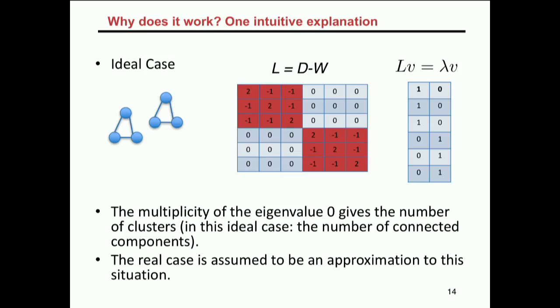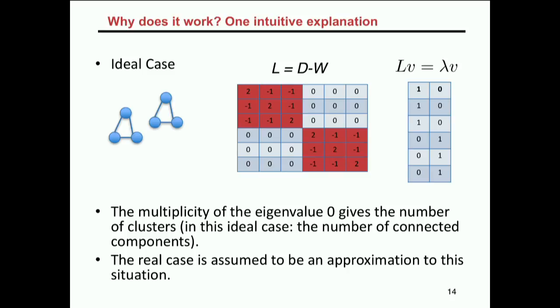So why does this work? This is the ideal case explanation, which I think is mathematically the most meaningful one. Let's say you have these 2 connected components, a very simple problem, right? But the general problem is usually an approximation of this. There's a well-connected component, a few edges between, another well-connected component, or lots of them. That's what you're trying to recover.